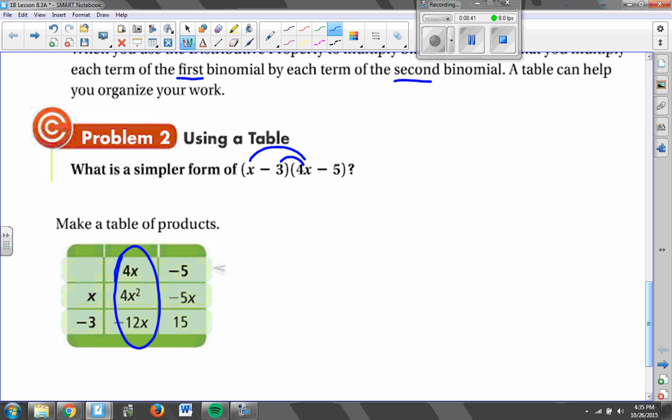All right? Because these two terms here are 4x times x, 4x squared, and 4x times 3, negative 12x. So they've taken and just multiplied this number times this number and gotten here.